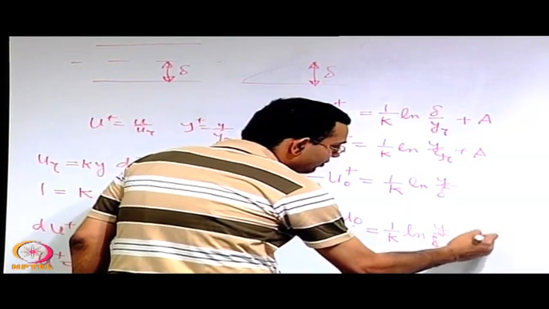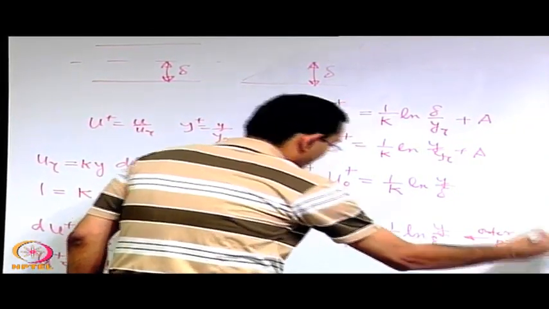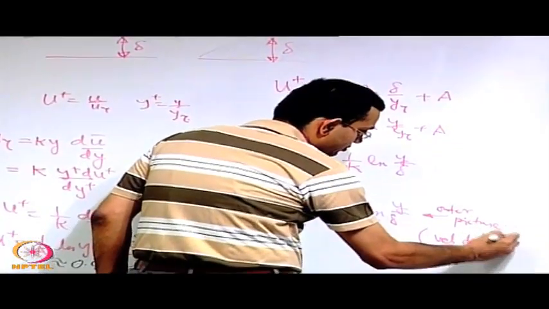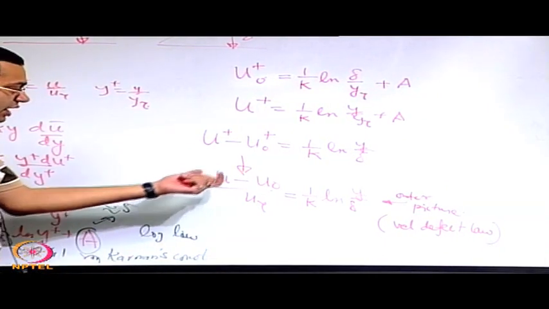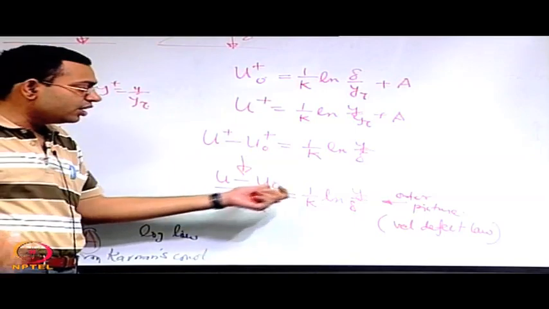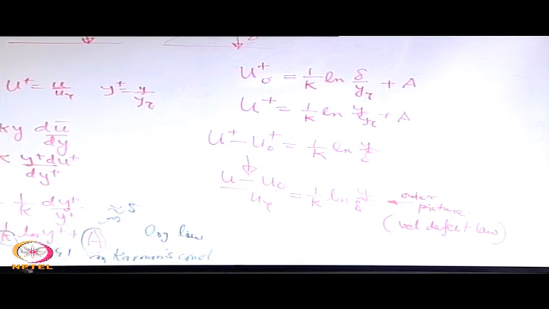So, it is a sort of outer picture. Sometimes it is also known as a velocity defect law. Why such a name? Such a name is there because there is a deviation of u from u0 or the outer layer because of some effect of turbulence, because of the effect of the fluctuating components.